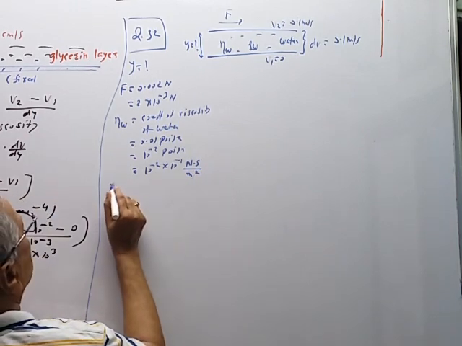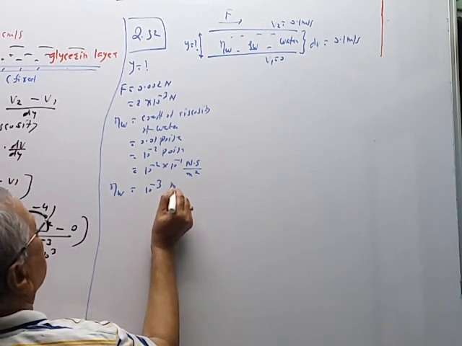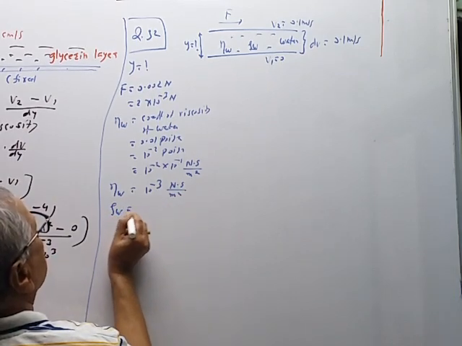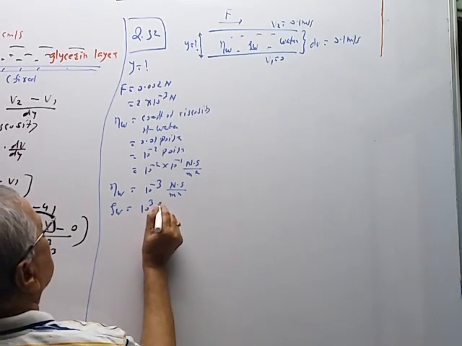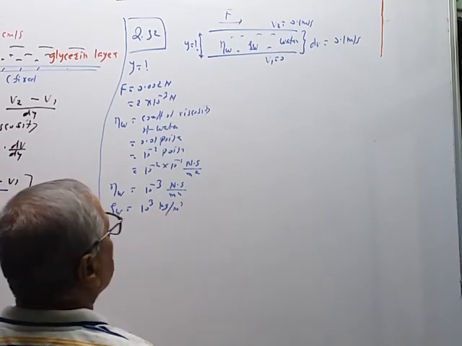So eta of water is equal to 10 raised to minus 3 Newton second per meter square. Density of water is 10 raised to 3 kg per meter cube, and y is equal to question mark.